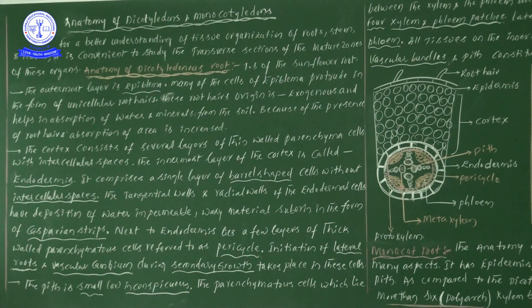For better understanding of tissue organization of roots, stems and leaves, it is convenient to study the transverse section of the mature zones.